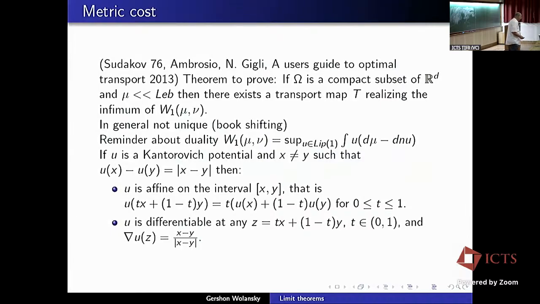Metric cost means this is the W1. We want to study the case of Wasserstein distance 1, which is a special case, because this is a norm, and it has to do with Lipschitz functions.